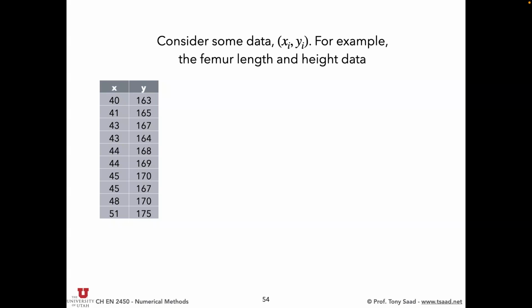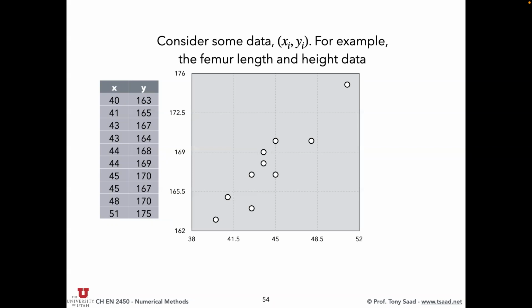Consider some data, xi, yi, for example, the femur length versus height data that we obtained, just to give a concrete example, and this is those data plotted in the plane.